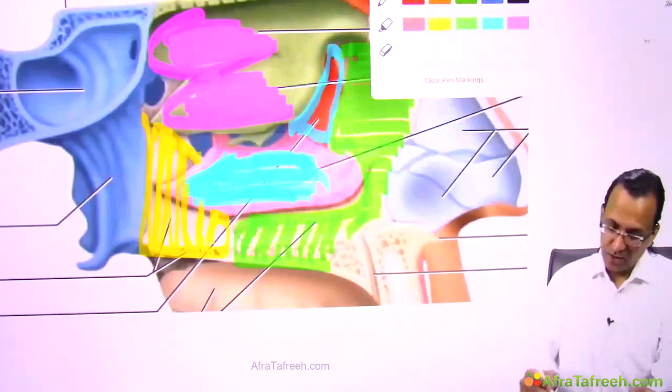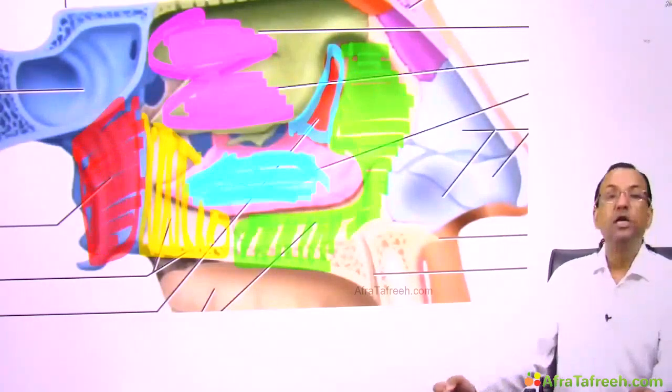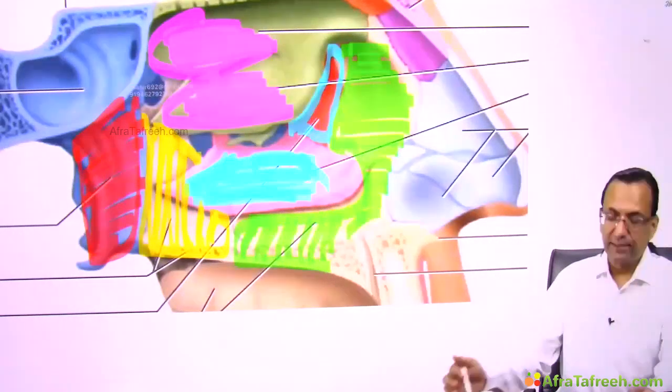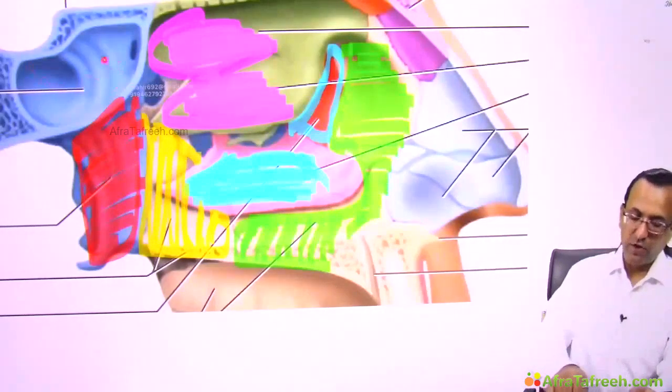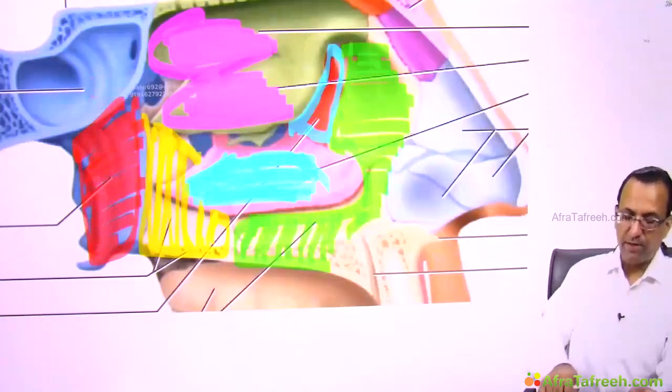Where is the sphenoid? It is the medial pterygoid process of the sphenoid, the butterfly. This is the butterfly having the sphenoid air sinus. It is a pneumatic bone, and it has a pterygoid plate, the medial pterygoid plate.